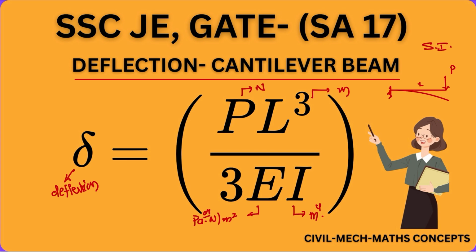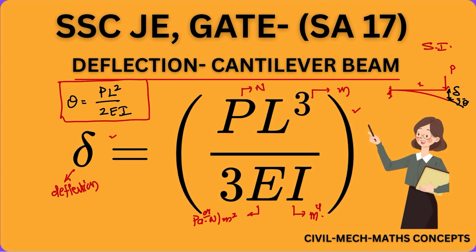This curve makes an angle theta here, and this is the deflection delta. The angle theta is equal to PL square by 2EI. For a cantilever subjected to a point load, please remember these two very important formulae.